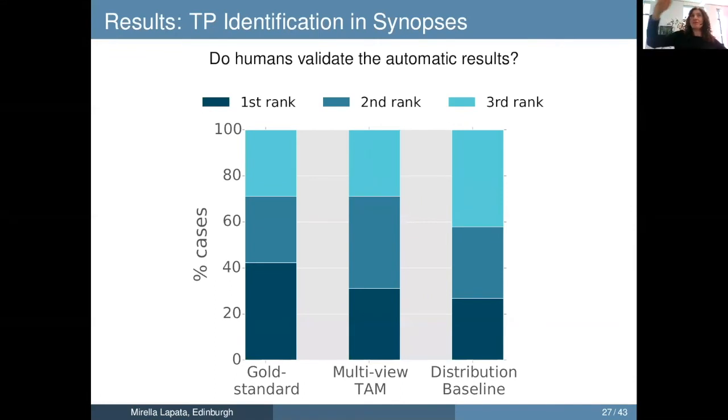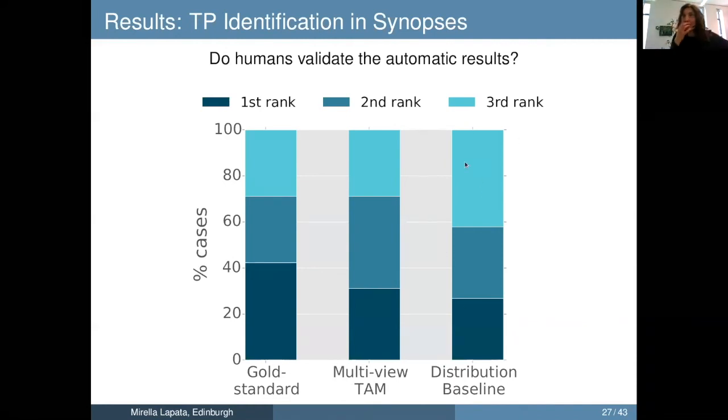So we created a ranking among systems, and you see that when you give them the gold standard, the majority, which is this dark blue, ranks it first, followed by second and third. When we give them our model Multi-view TAM, in the majority of cases, it is ranked second, so they prefer it after the gold standard, and the distribution baseline, in most cases, is ranked third. So this is good. It means that the humans corroborate the automatic results.